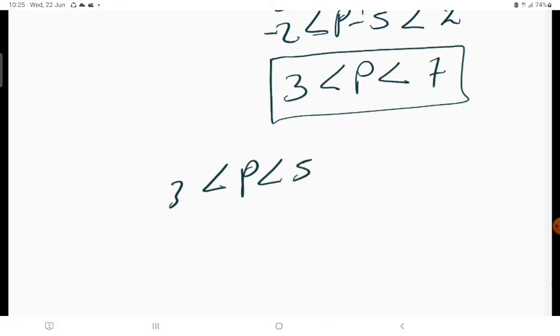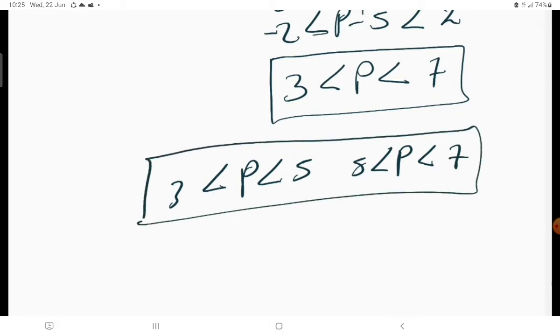P must not be equal to 5. So p is greater than 3 but less than 5, and also p is greater than 5 but less than 7. So I think this is what we have, so that 5 becomes not included, because if we leave it this way, even 5 is within this interval.